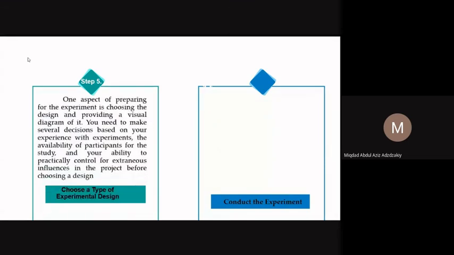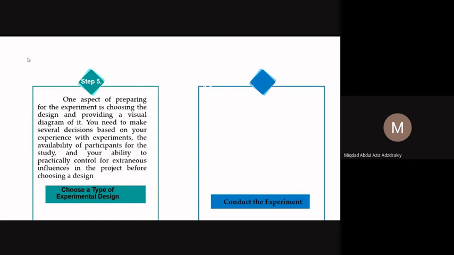One aspect of preparing for the experiment is choosing the design and providing a visual diagram of it. You need to make several decisions based on your experience with experiment, the availability of participants for the study, and your ability to practically control for extraneous influences in the project before choosing a design.